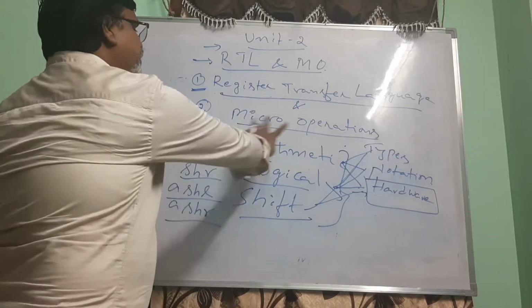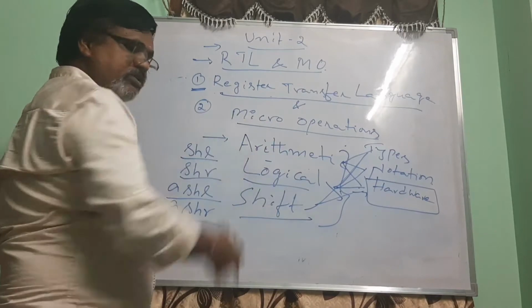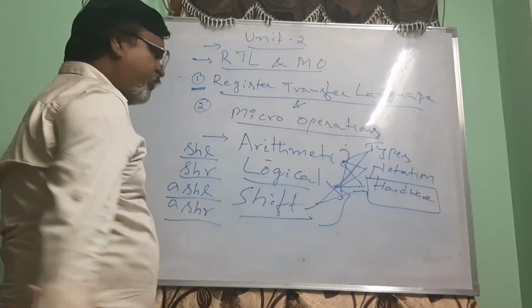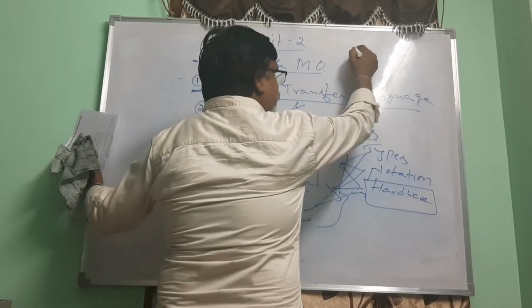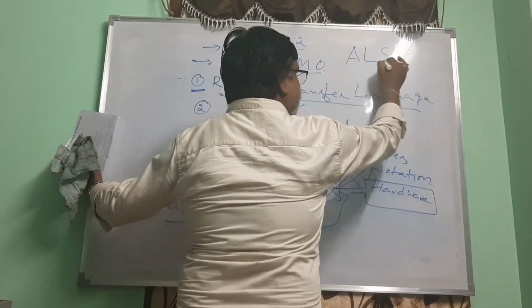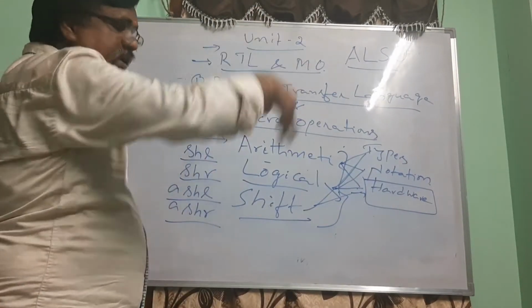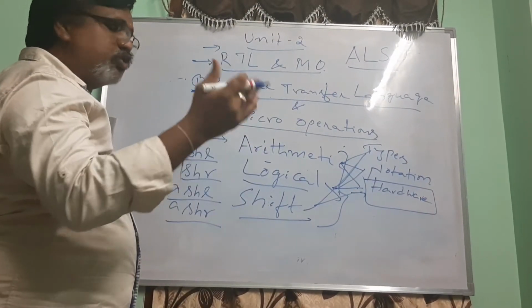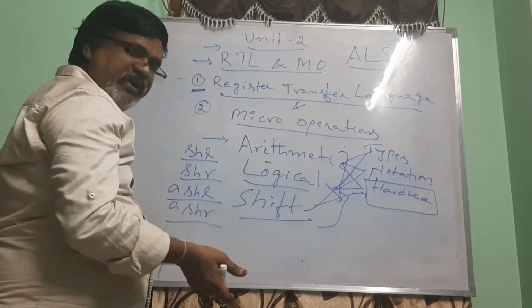After discussing all the types of instructions, their notation using the register transfer language and the hardware part, finally we are going to design an arithmetic logical shift unit. That means one unit, one hardware diagram, used to execute all the arithmetic, logical and shift operations.